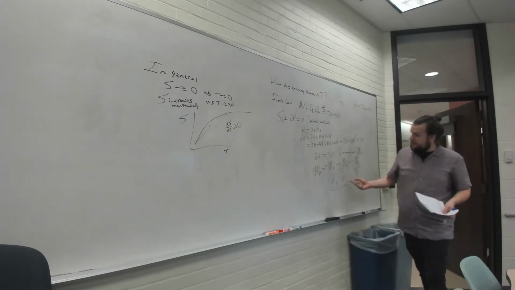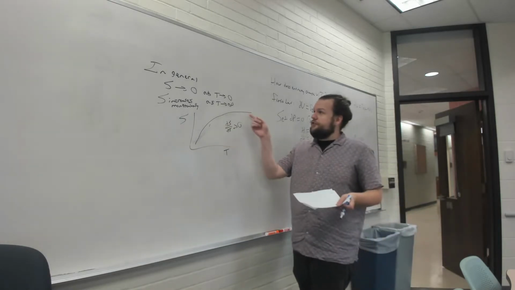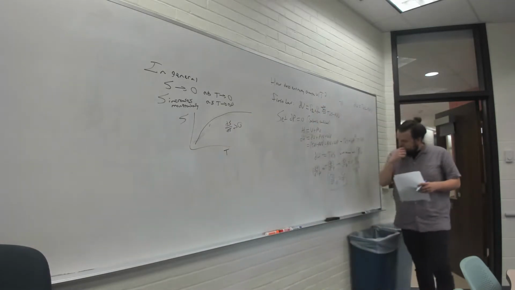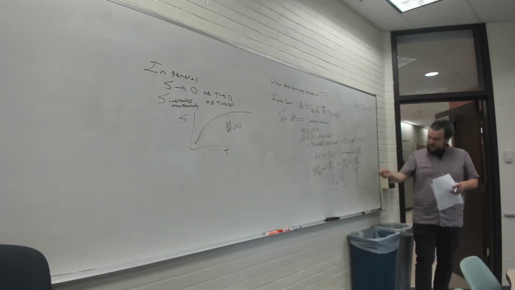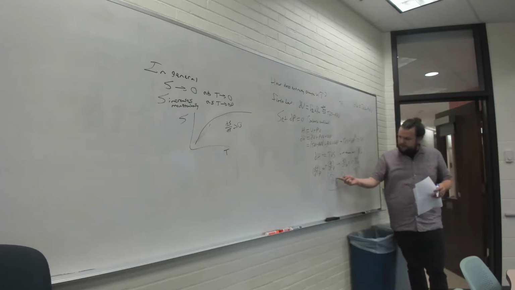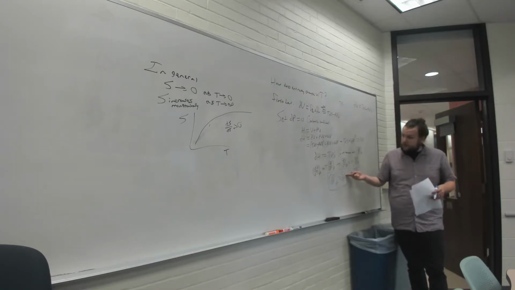Right? So that means then that this curvature, as temperature increases, the slope of this is the slope of entropy with respect to temperature. Let's assume Cp is constant, it's just a number. So as T increases, the slope gets closer and closer to 0. As T gets bigger, this gets smaller and smaller.